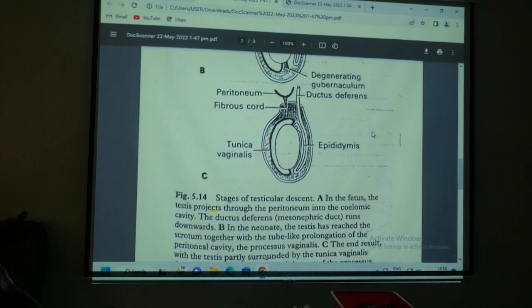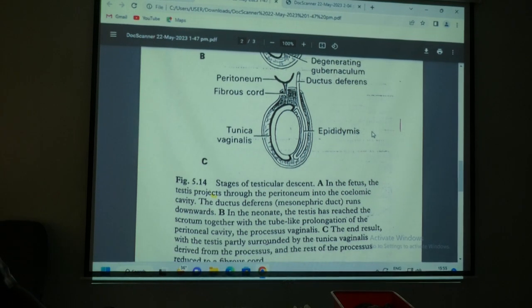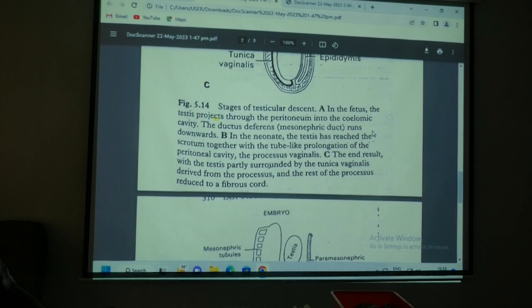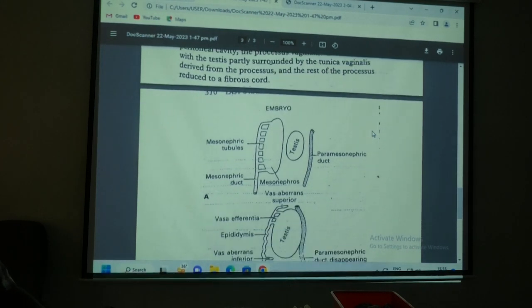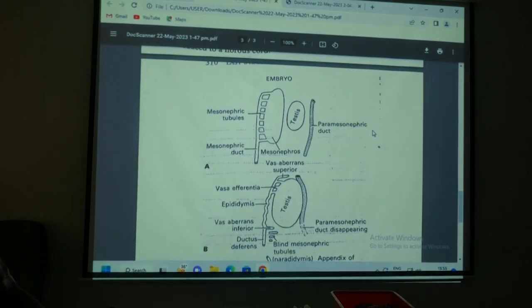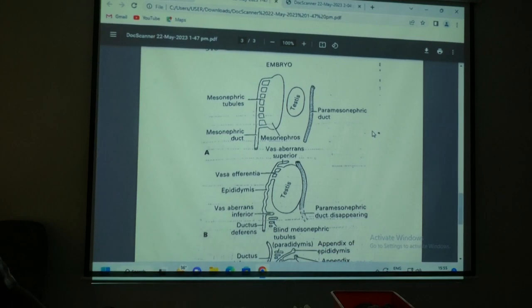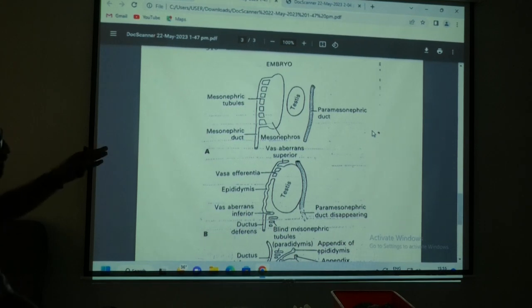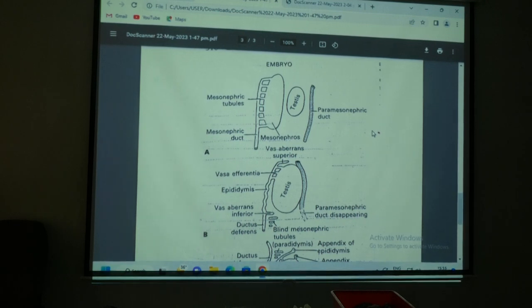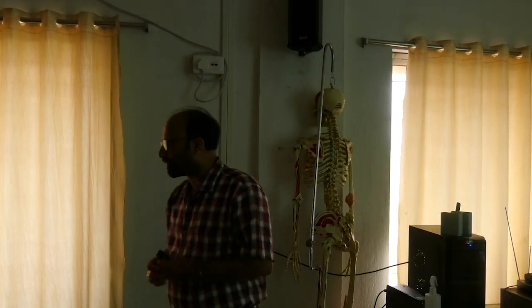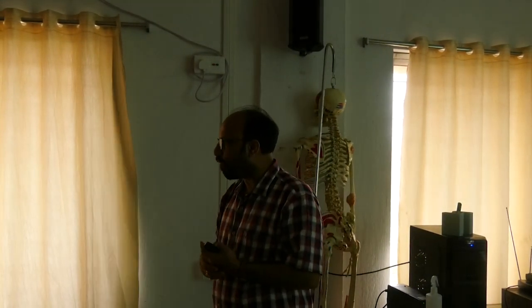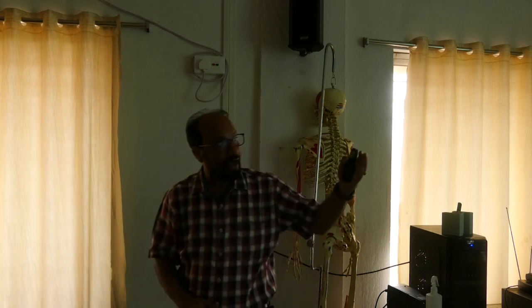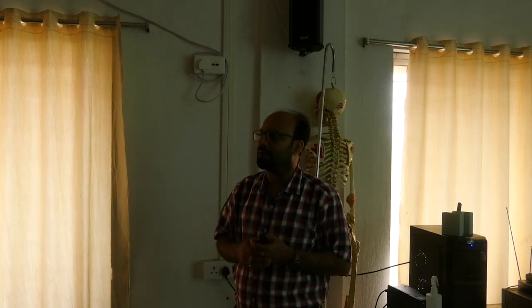The testis projects to the peritoneum and the coelomic cavity বা abdominal cavity. এগুলো সব দেখিয়েছে। কিভাবে তৈরি হয়, মেসোনেফ্রিক টিউবুলস, মেসোনেফ্রিক ডাক্ট থেকে মেসোনেফ্রস, টেস্টিস, প্যারামেসোনেফ্রিক ডাক্ট। এই প্যারামেসোনেফ্রিক ডাক্টটা ইন কেস অফ মেল ডিসঅ্যাপিয়ার করে যায়, কারণ এটা তো ফিমেলদের ডাক্ট। Paramesonephric or Mullerian duct, it is the duct of the female.